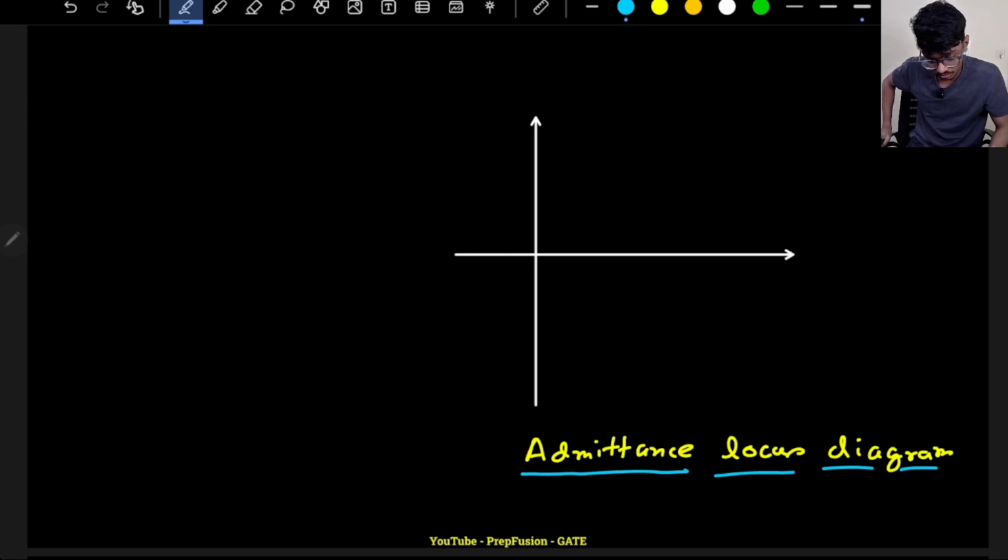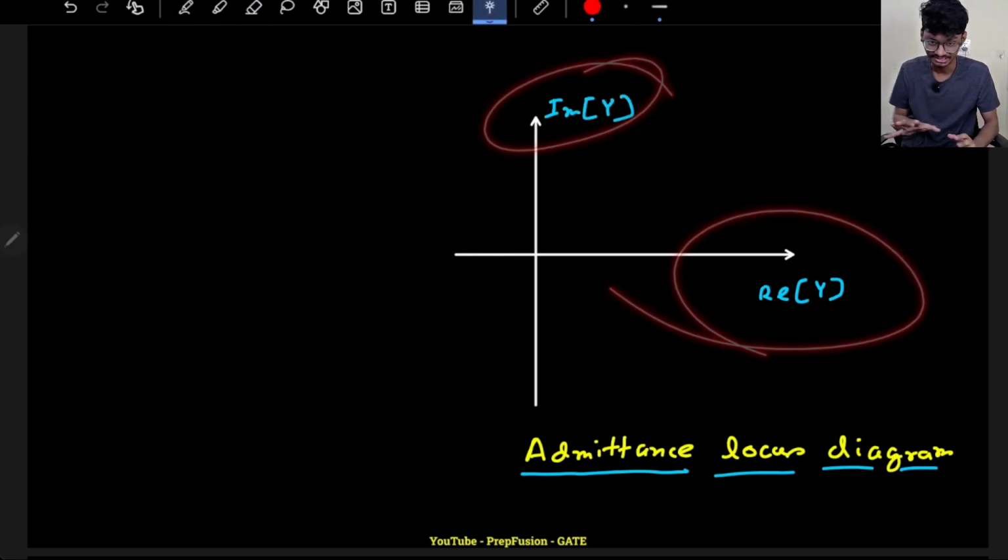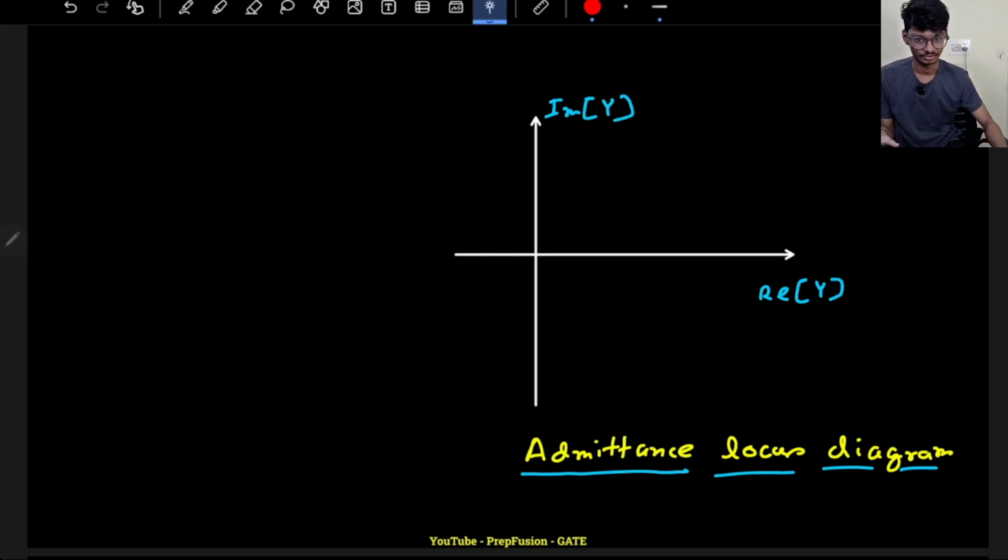This is the real part of my admittance, and this is the imaginary part of my admittance. I hope you remember, I'm not explaining what is real and imaginary. I hope you know how to plot real and imaginary portions, so I did not waste any time explaining these things, because I told you already, I hope your basics of complex numbers are already cleared.